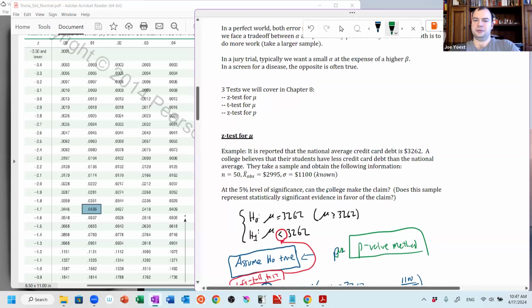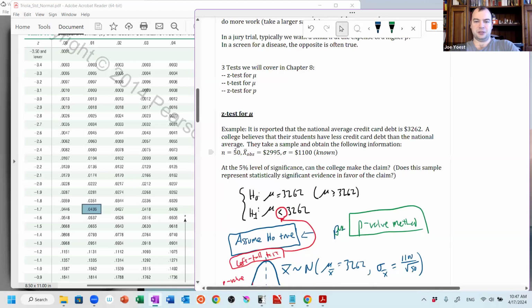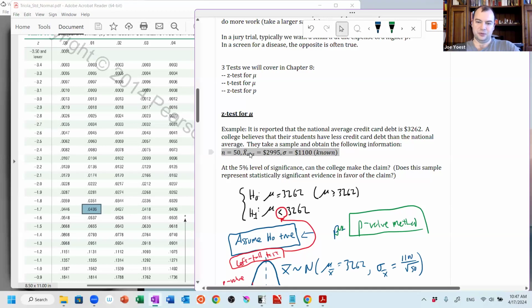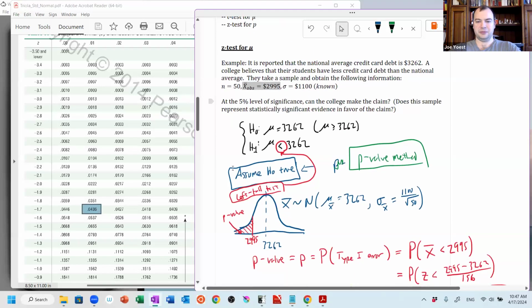What if I was planning to repeat this process a bunch of times? Again, like maybe a quality control engineer who wants to do the same kind of test on 10 machines every couple hours. Wouldn't it be nice if I was able to write down on a slip of paper a number and compare 2995 to that number?